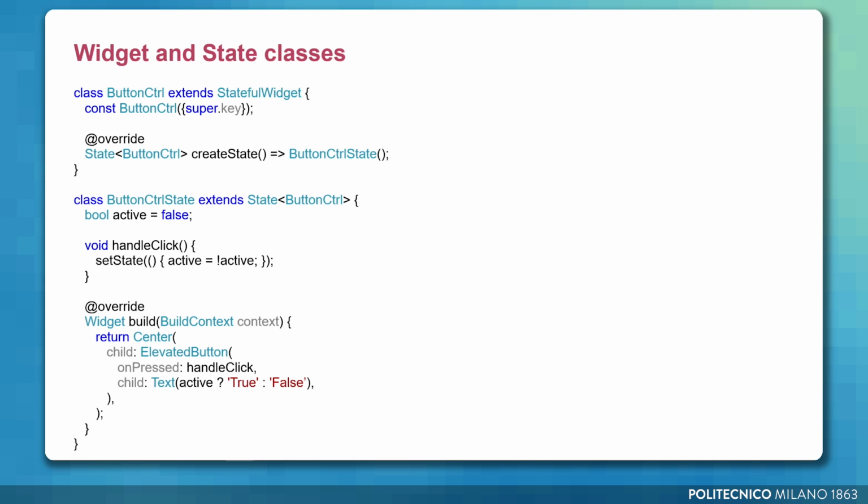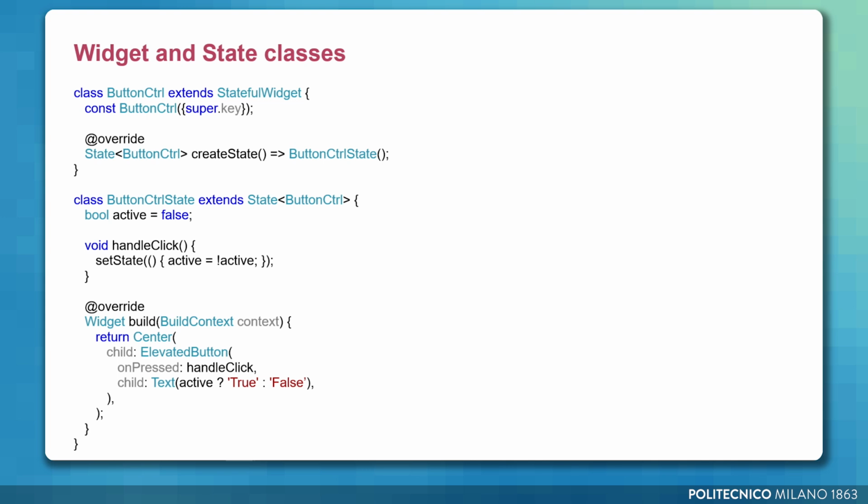Button control is the stateful widget that controls a stateless widget, our button. As mentioned earlier, defining a stateful widget requires two classes. The widget class extends stateful widget, and its constructor only includes the inherited key parameter.